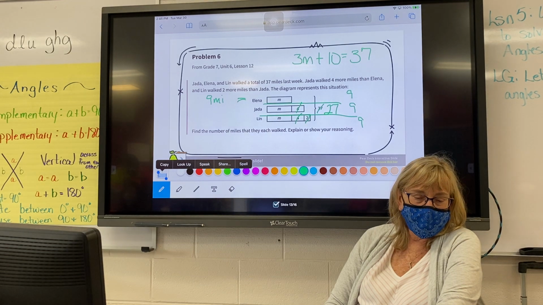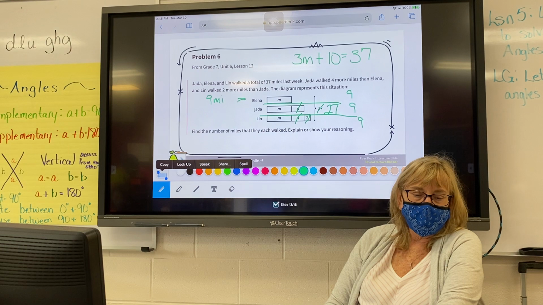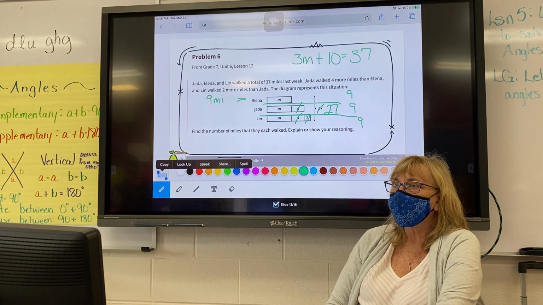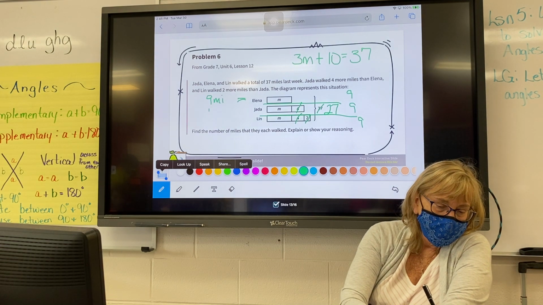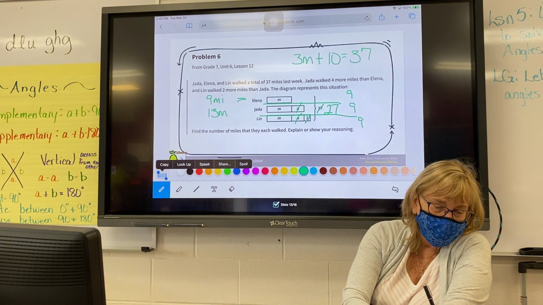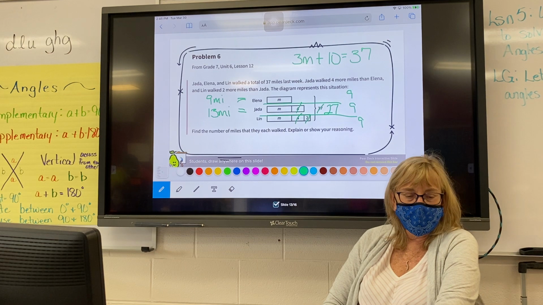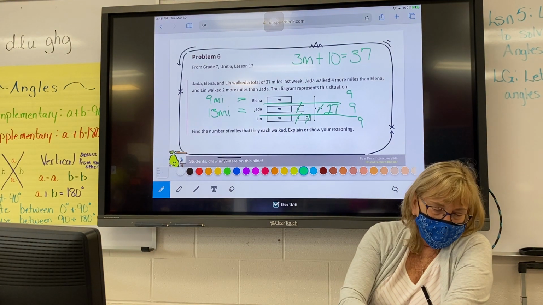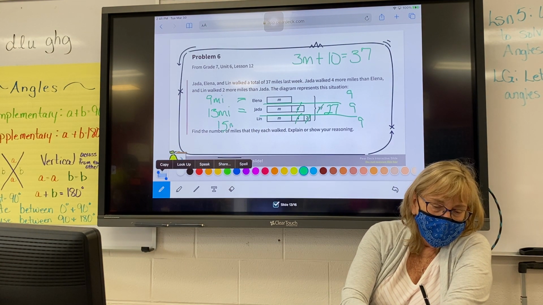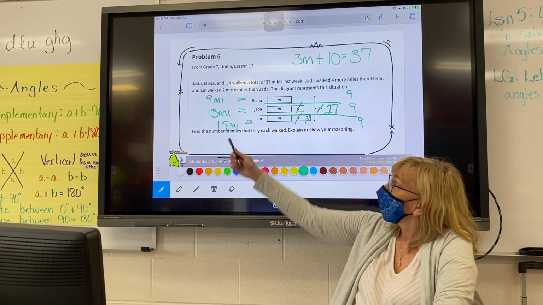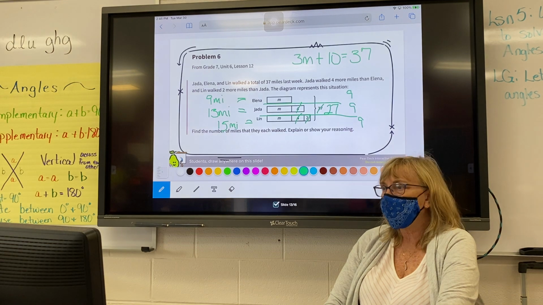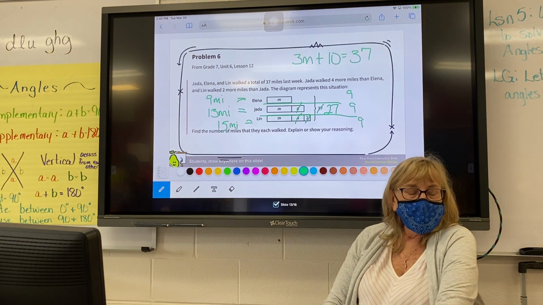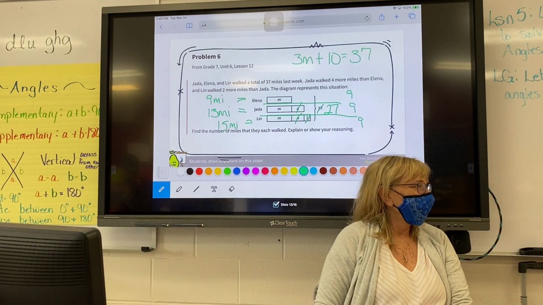Okay, how far did Jada walk? 9 plus 4, so how far did she walk? 13 miles, thank you. And Lynn, how far did she walk? 15 miles. And if we were to add up these three, would they equal 37? Yes, they would.